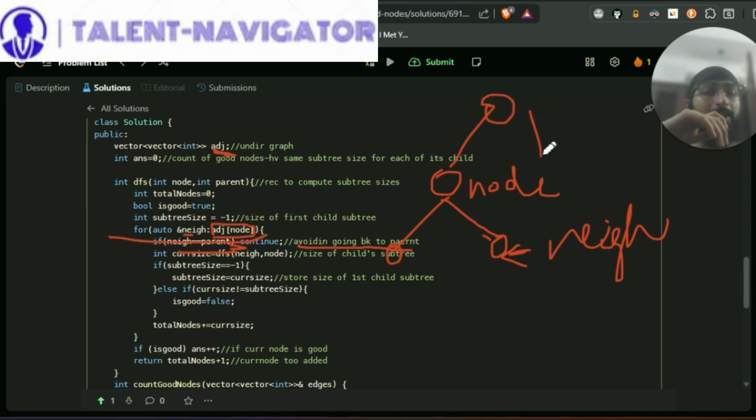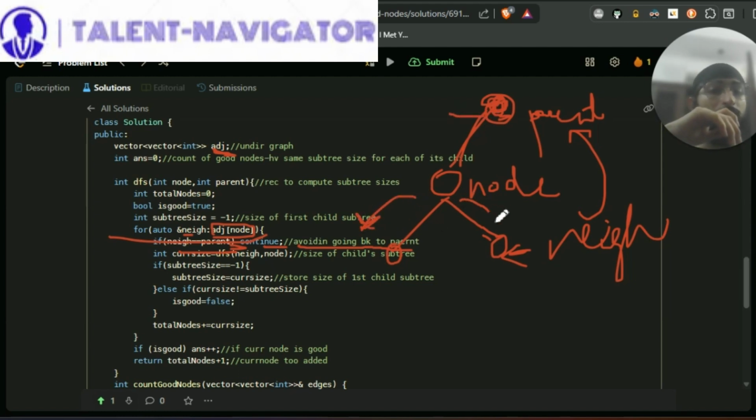If the neighbor becomes the parent itself, then we continue. We don't want to go to the parent, because we are considering the subtree sizes of the children only.